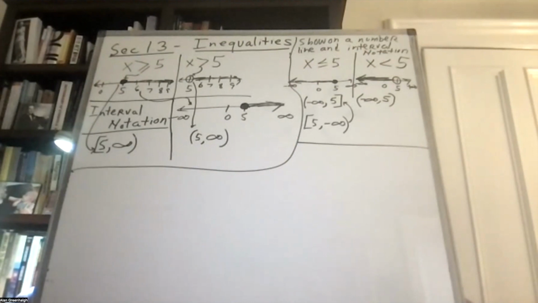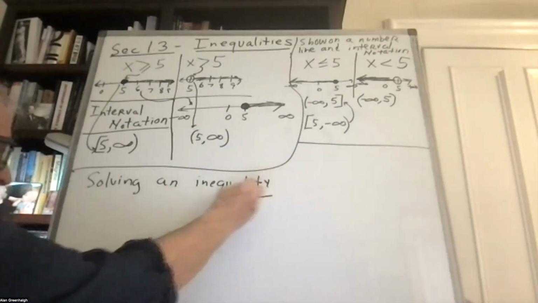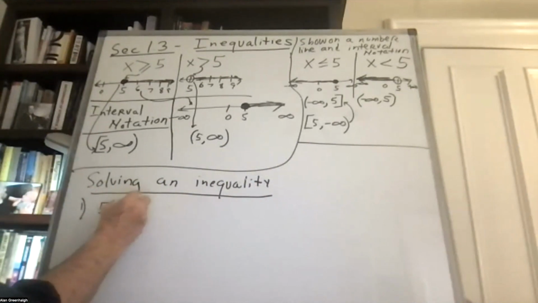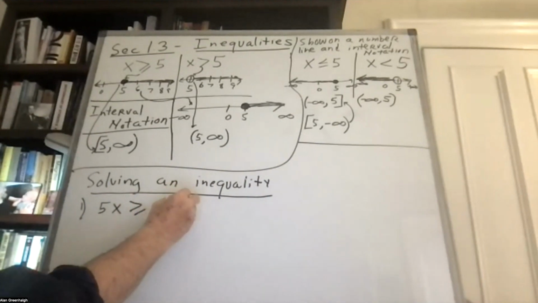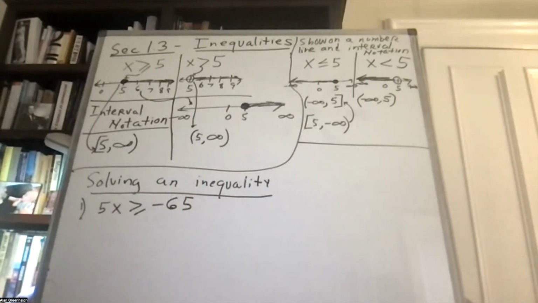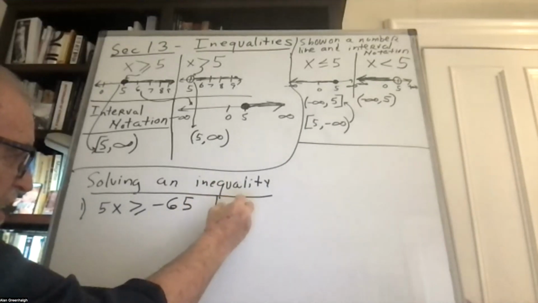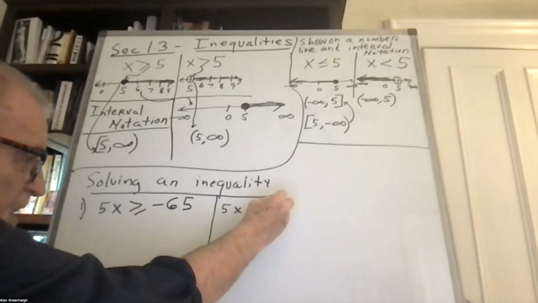Okay, now what we'd like to do is solve an inequality. Solving an inequality, for example, now the question becomes, gee, that looks awfully similar to 5x equals -65.